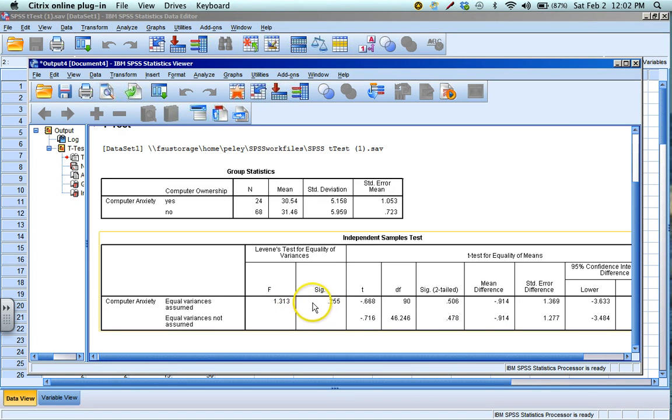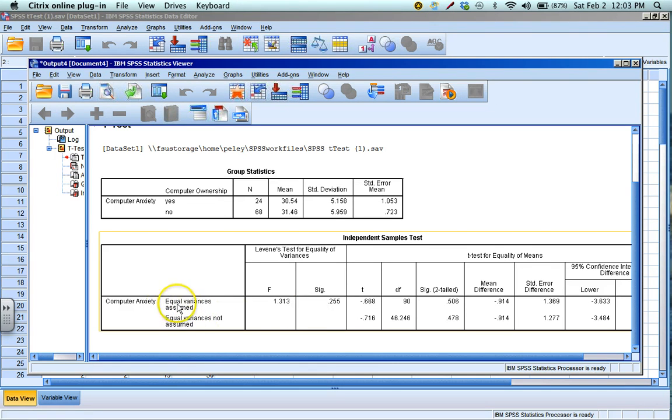So if you notice here, this was an F statistic, which is 1.31, but the significance value or the p-value here is 0.255. Usually we use the cutoff of 0.05. This is well above 0.05, so we would accept the null hypothesis on this, and the null hypothesis would be to assume that the variances are equal.